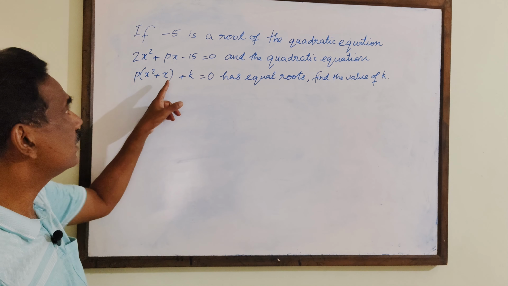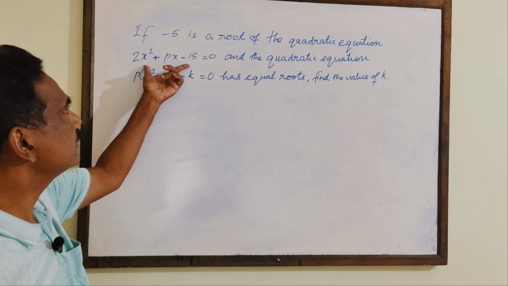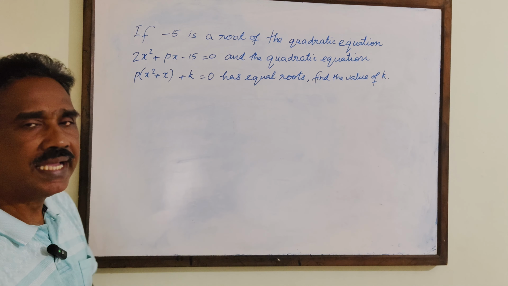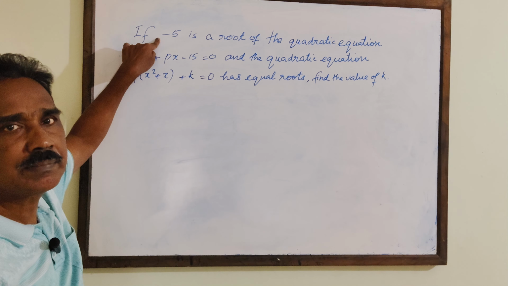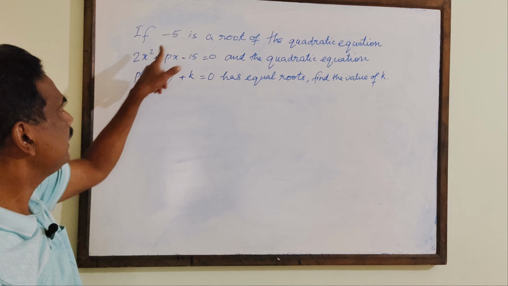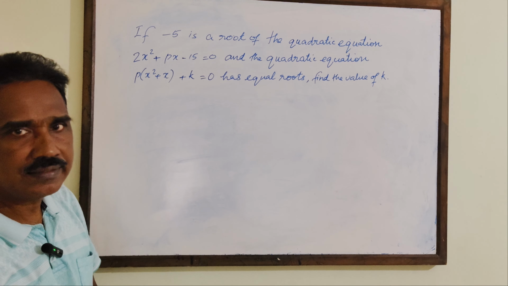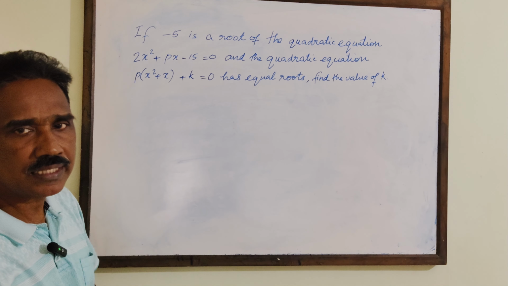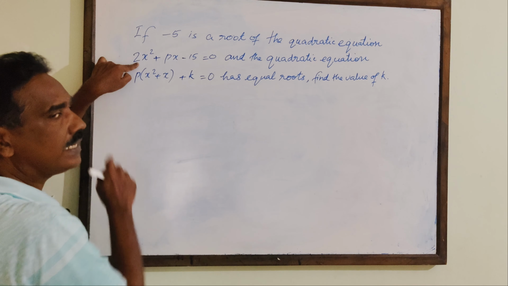Please remember there are two unknown things, p and k. First equation 2x square plus px minus 15 equal to 0 has a root as minus 5. What does it mean? If you put minus 5 in the equation 2x square plus px minus 15, then the total becomes 0. That is the meaning of root of the equation. Instead of x, you put minus 5.